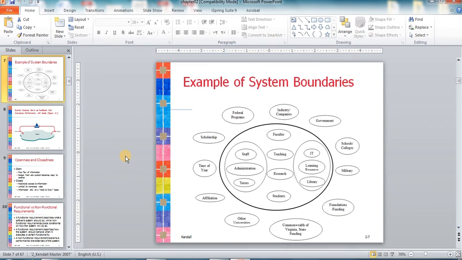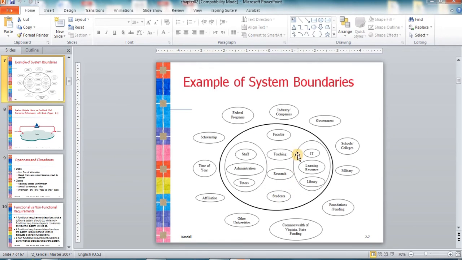This is an example of a university system. As you can see within the big oval, we have several subsystems. These subsystems together constitute the university system. So we have the administrative subsystem, the staff subsystem, and the faculty, or academic subsystem.